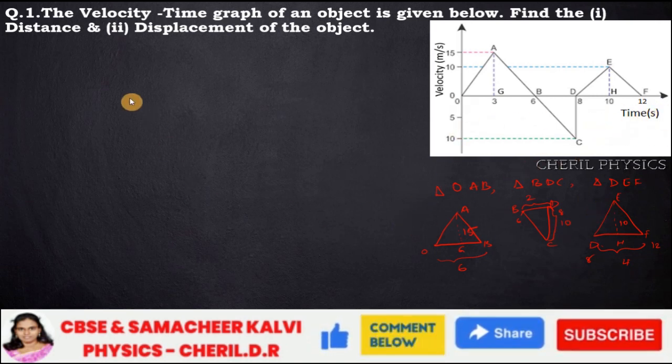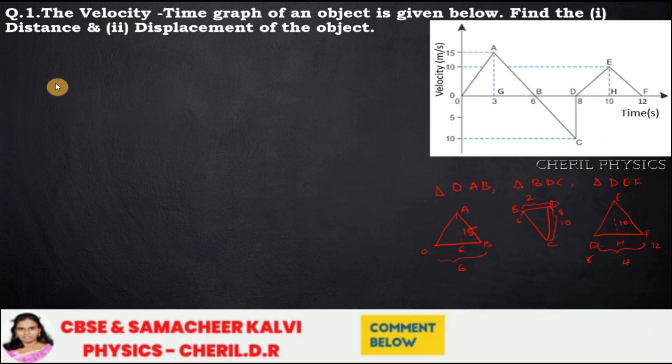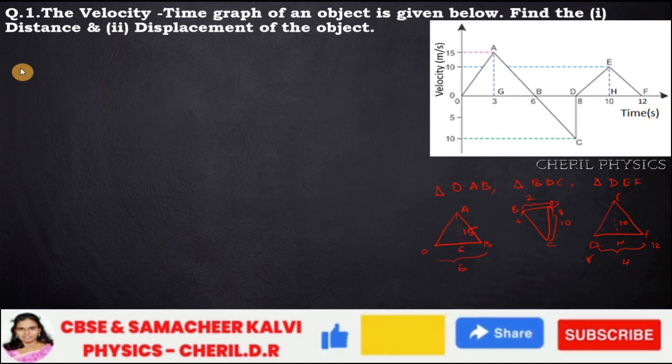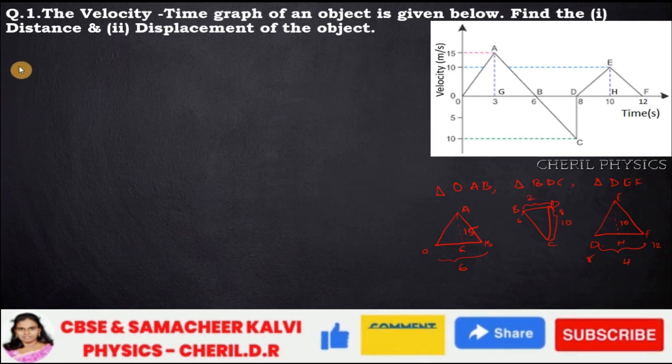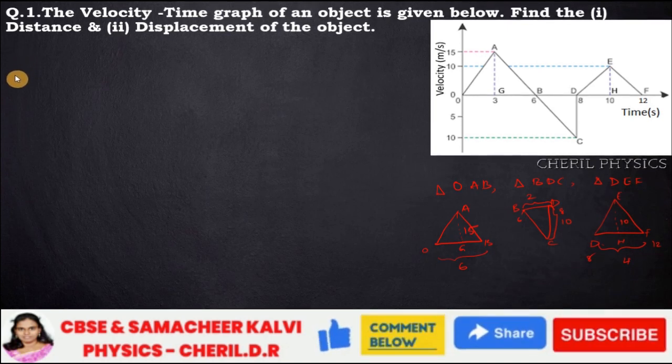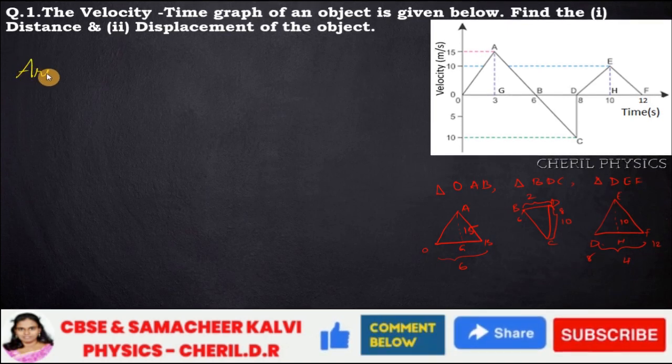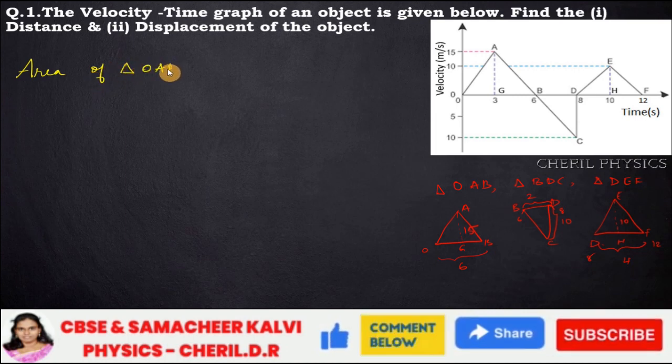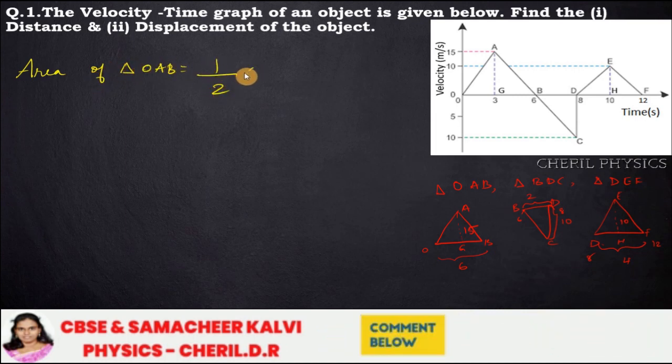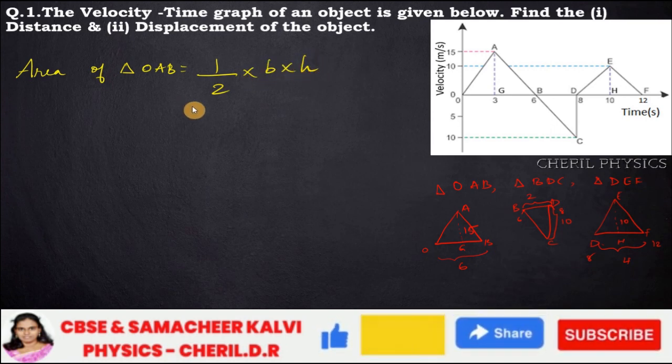To calculate the distance and the displacement, first we'll have to find out the area of all the three. To calculate the area of all the three, we'll first find out the area of the triangles. Area of triangle OAB is half into base into height.